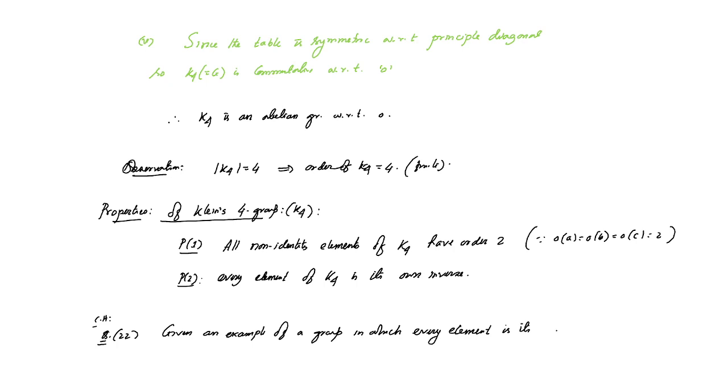Every element is its own inverse. Okay, so this is for 2 marks. So the solution: Q4 is the example where you will see every element is its own inverse, since the inverse of E is E, the inverse of A is A, the inverse of B is B, and the inverse of C is also C.